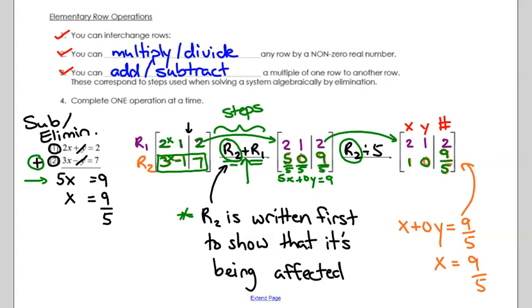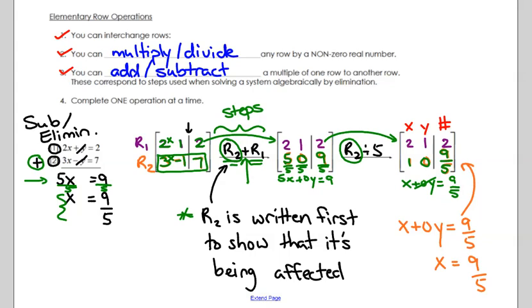Isn't that what we did over here? Divide both sides by 5, get 9/5 as our answer. Because x plus 0y essentially means that I've solved for my x, and it's going to equal 9/5. So again, very similar to substitution elimination.